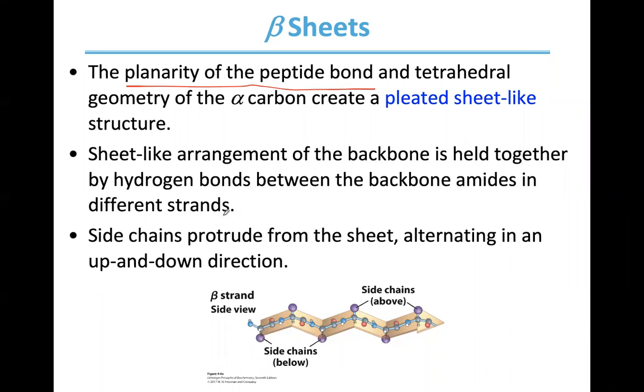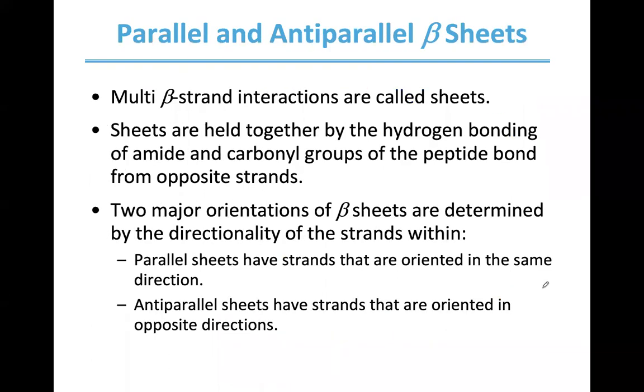In the alpha helix, it was the same strand, and the hydrogen bonds were like that, like that, like that. And here, it's going to be different. So let me give you an example. Parallel, antiparallel beta sheets. Sheets held together by hydrogen bonding of amide carbonyl groups on opposite strands.